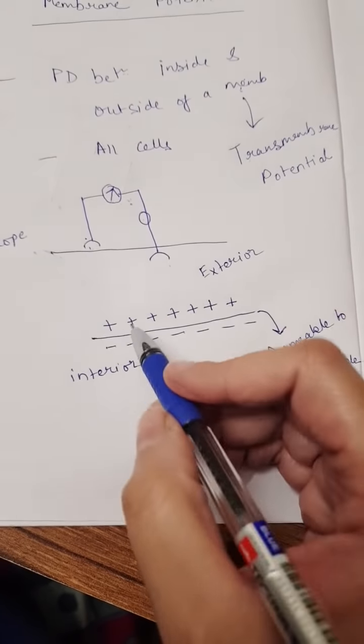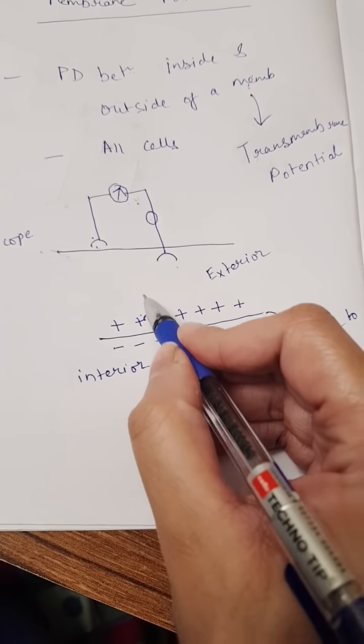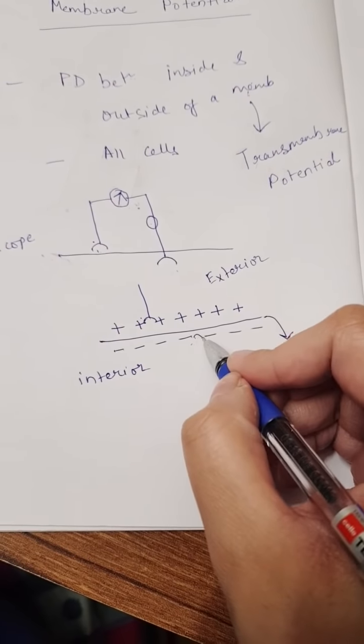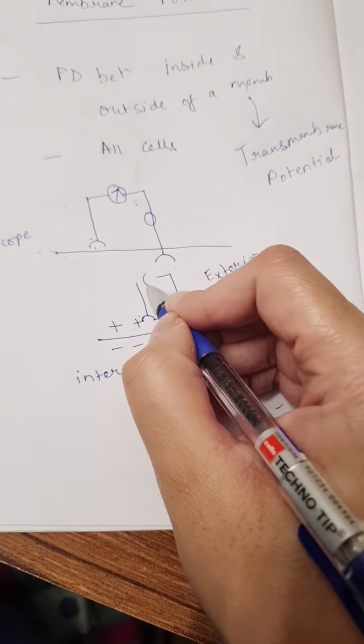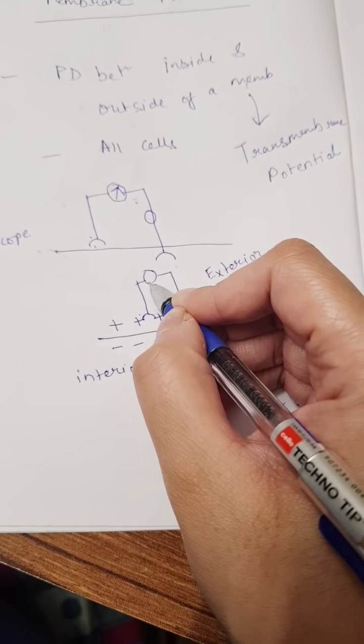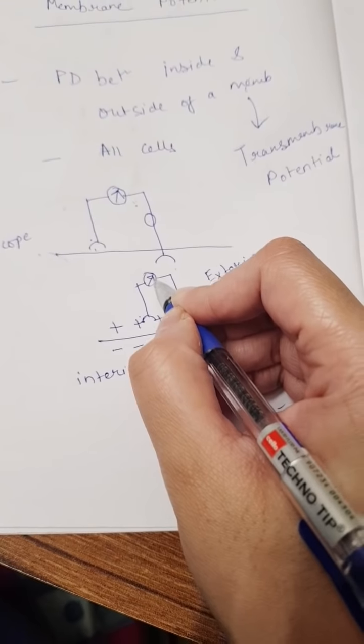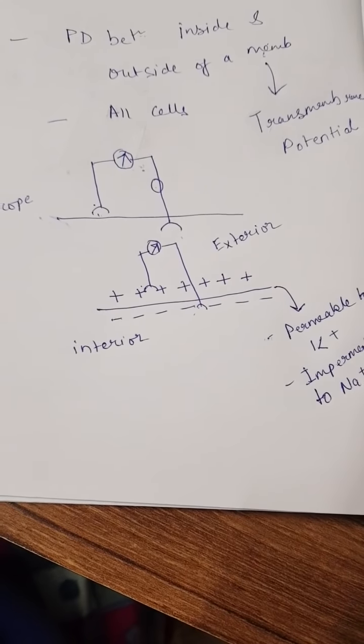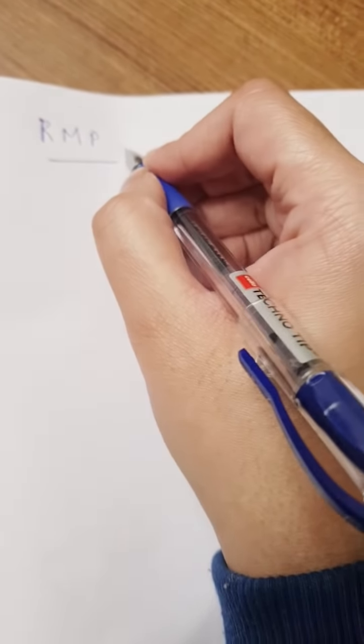So when we place one electrode here and one electrode here, we will find a potential difference and deviation of the CRO.